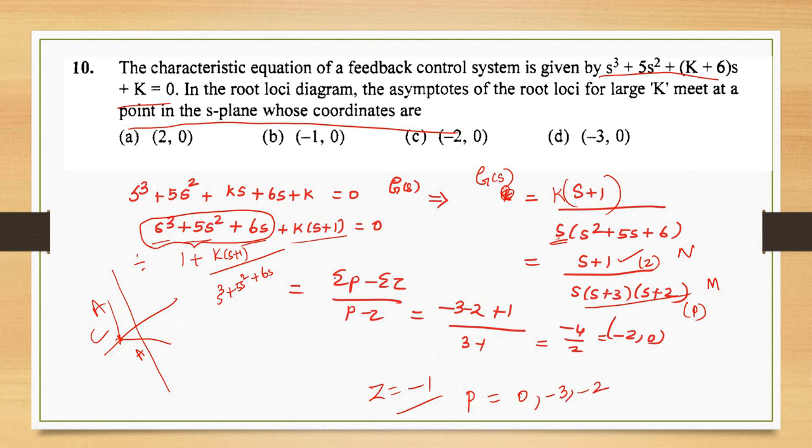So the summation of poles is 0, minus 3, minus 2, minus the summation of zeros, that is plus 1, divided by the number of poles, 3, minus the number of zeros, 1. So minus 5 plus 1, minus 4, divided by 2, that is minus 2 comma 0. Option C is the correct answer.